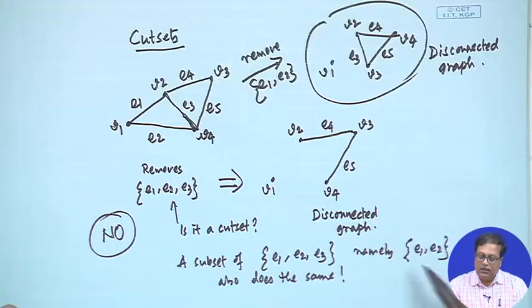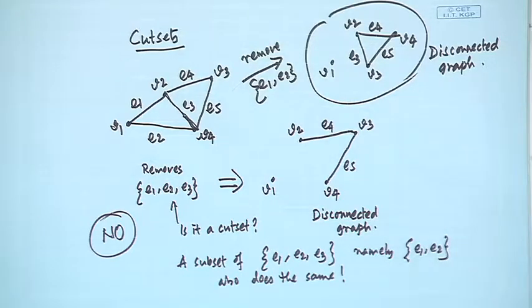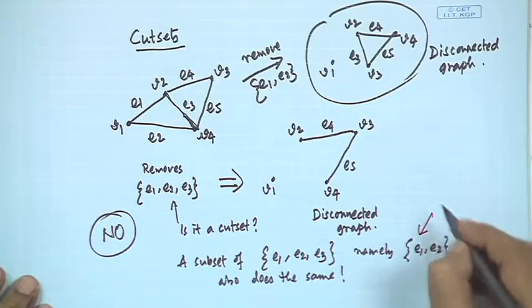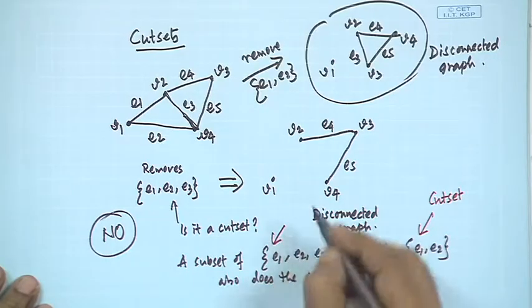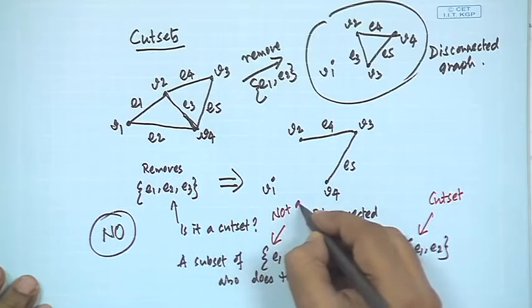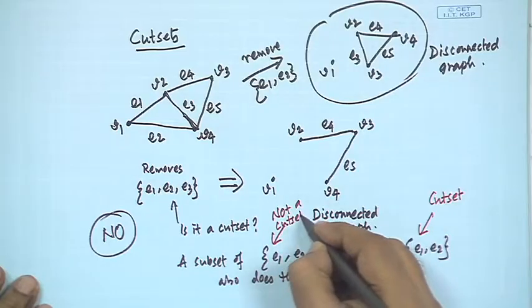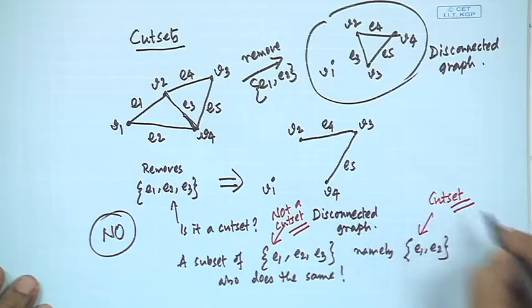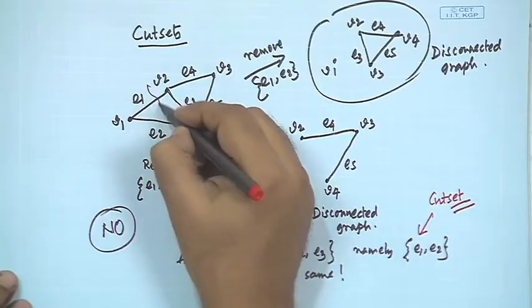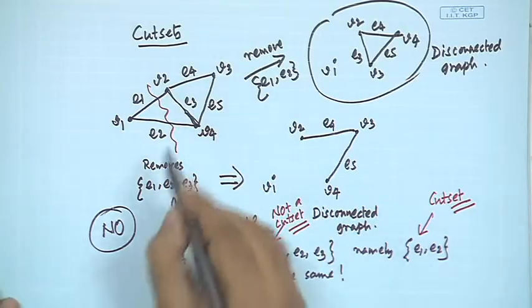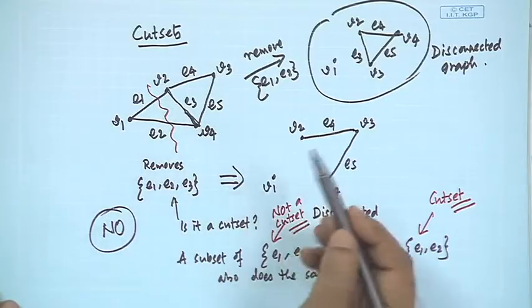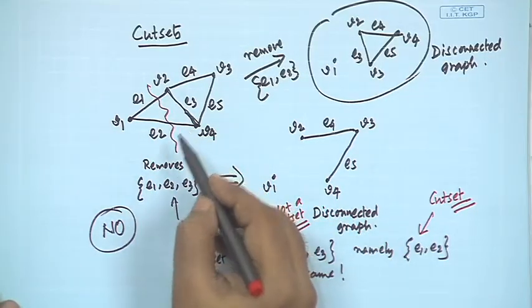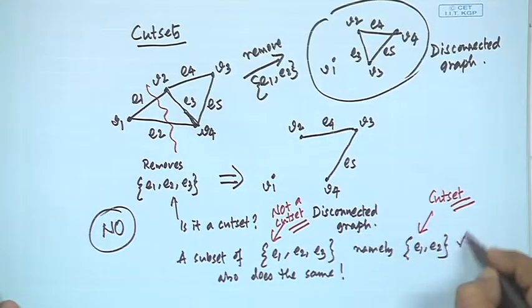So, you can say that E1 and E2 is a cut set. Obviously, we should additionally check, as I remove E1 and E2, whether a subset of that also disconnects the graph. Does E1 alone disconnect the graph? No. Does E2 alone? No. So, E1 and E2 is a cut set.